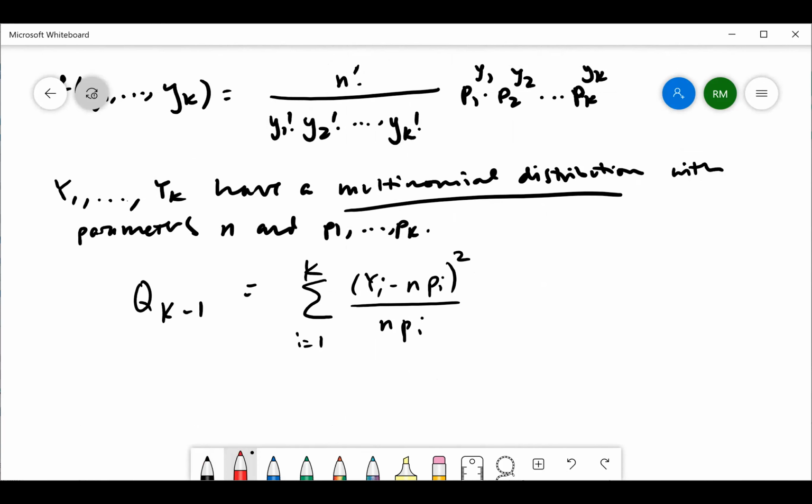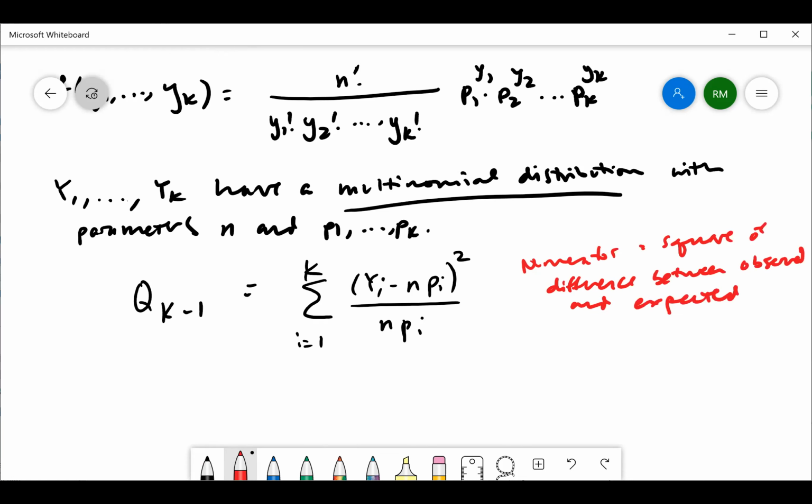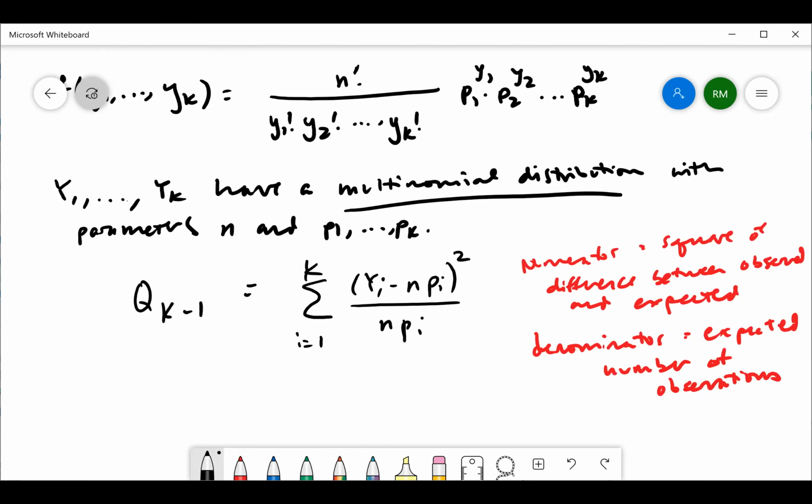So the numerator is the square of the difference between observed and expected, and the denominator is just the expected number of observations for a particular category.